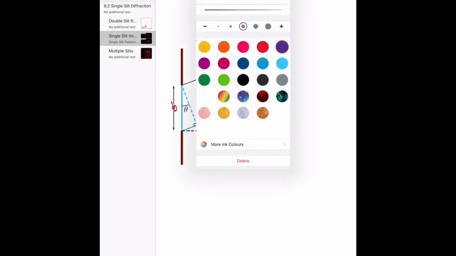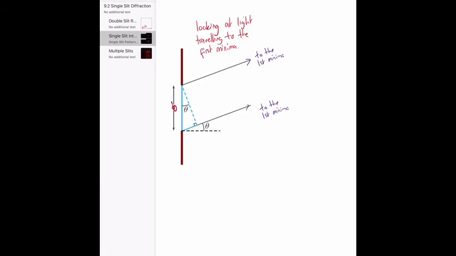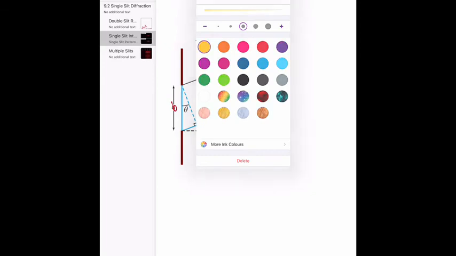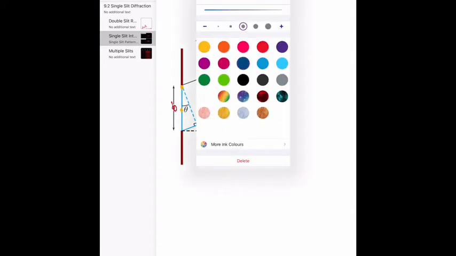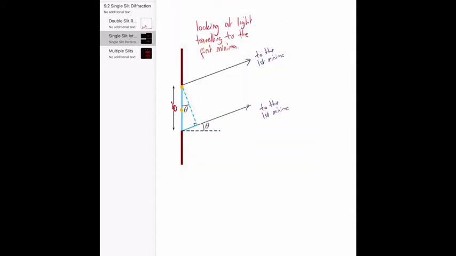Okay, so what I'm going to do now is I'm not going to look at the whole slit, I'm going to look at two different points. Specifically, I'll do these in yellow so we can see. I'm going to look at this point here, right at the top of that slit, and this point here, which is just under halfway down. So the distance between those two sources is going to be half the total slit width.